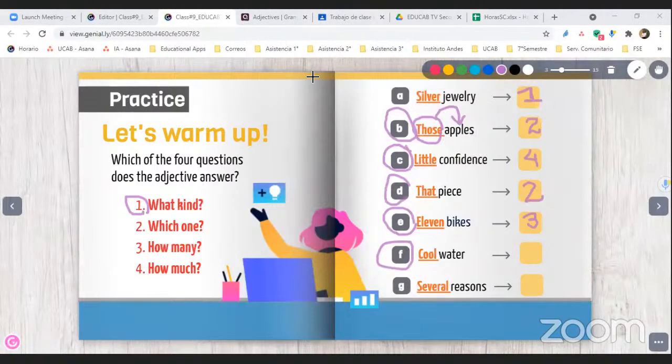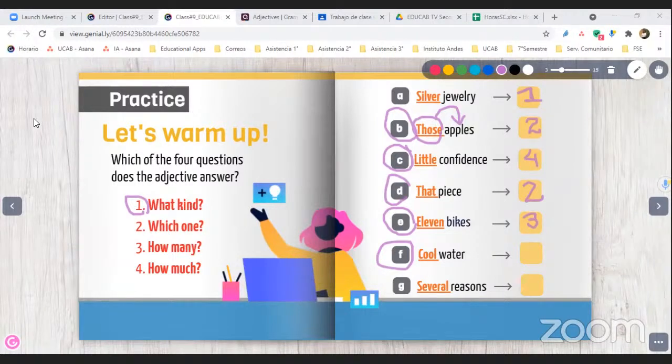What kind, which one, how many, how much? You can use the chat, or maybe you can turn on your microphone, okay? Let's see, I think Neil has no audio because I just see the webcam icon.